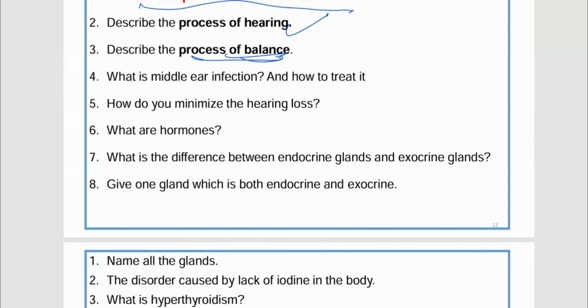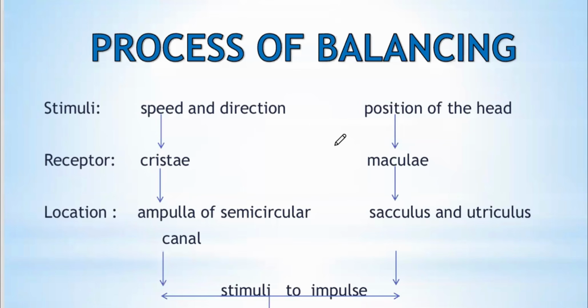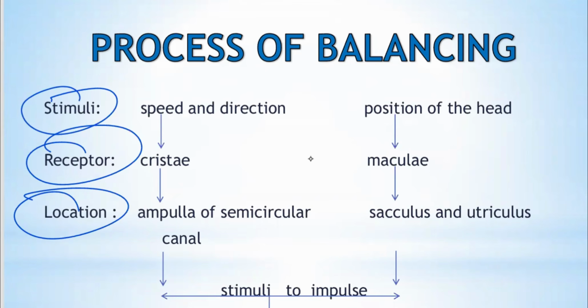You can check the balance process song by ThunderEDUC. You'll find it. Okay. Then if you go to the next question, we're going to use the model of balance. So, to remember this, you know the stimulus, the receptor, and the location.